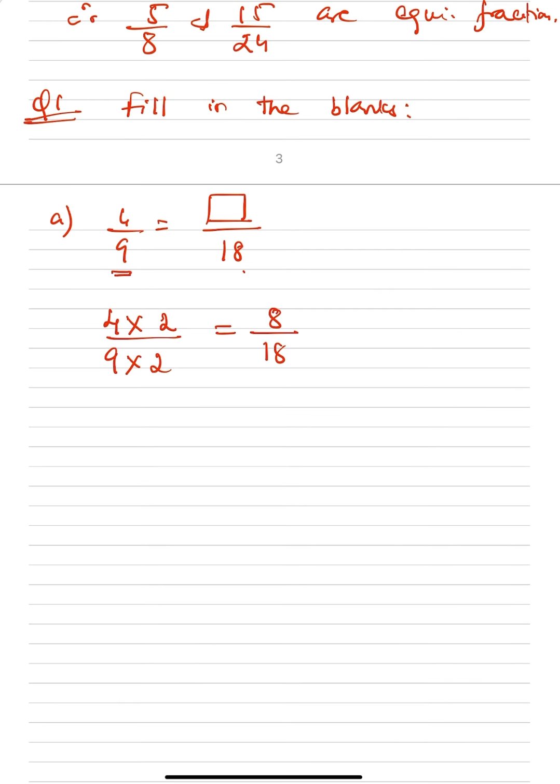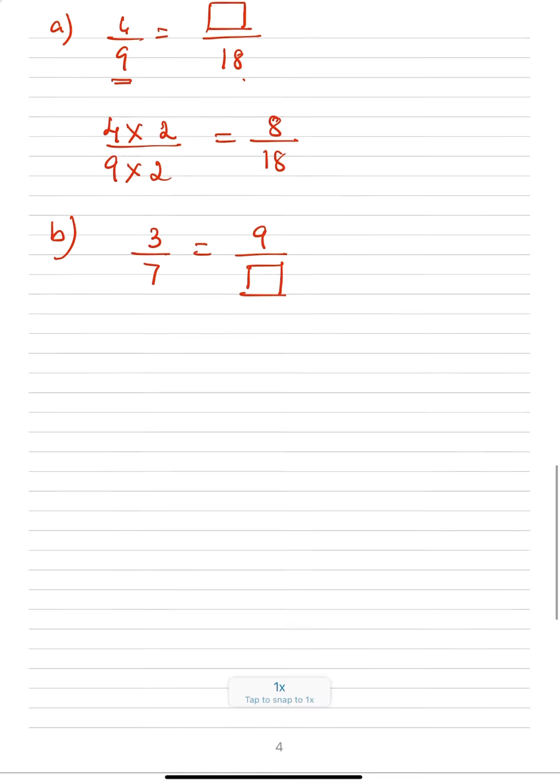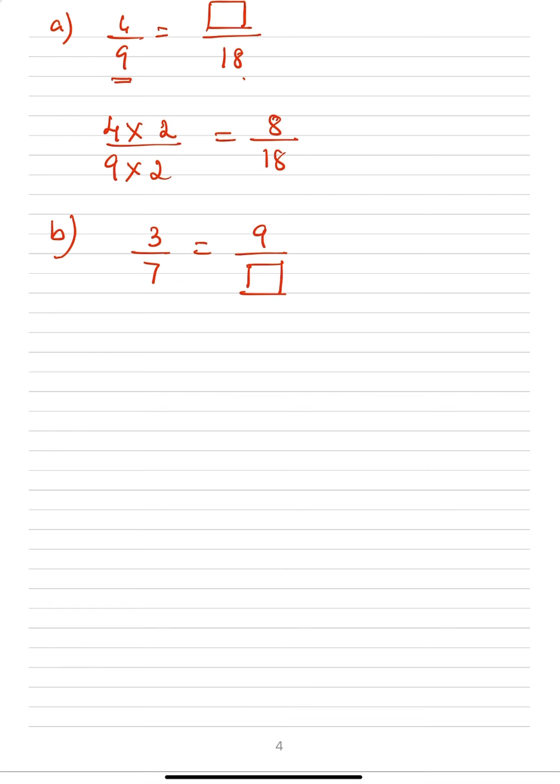Okay. So we will multiply, and thus I can say that 4 upon 9 and 8 upon 18 are equivalent fractions. Second example, if I take 3 upon 7 is equal to 9 upon dash. Now here same thing, 3 and 9. So we should multiply this 3 by 3 to get 9.